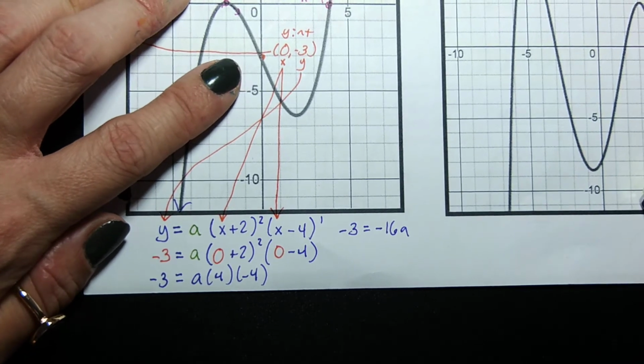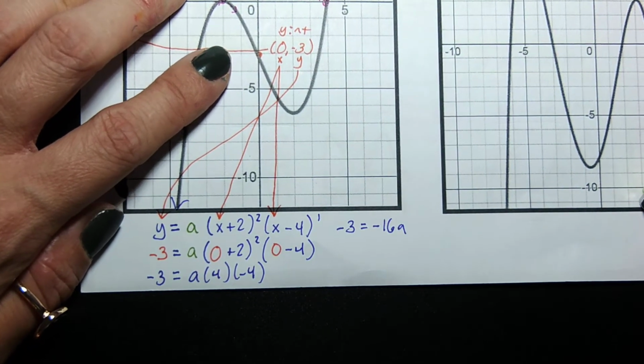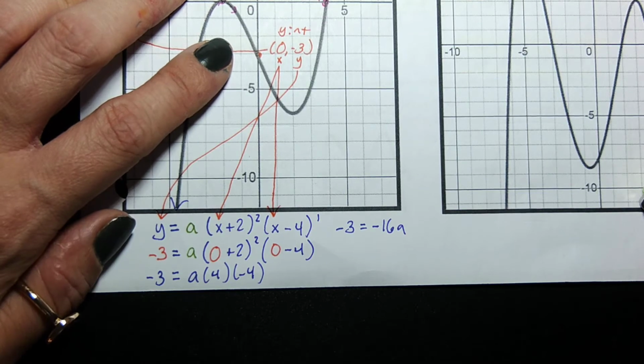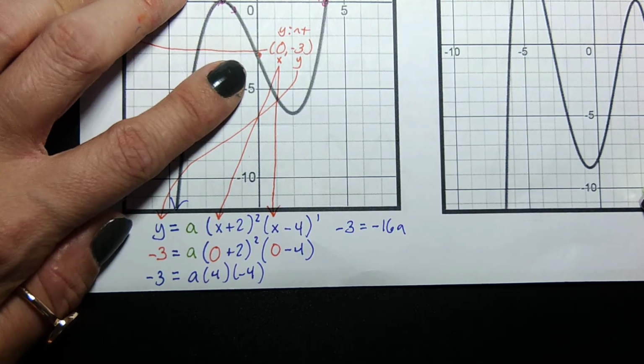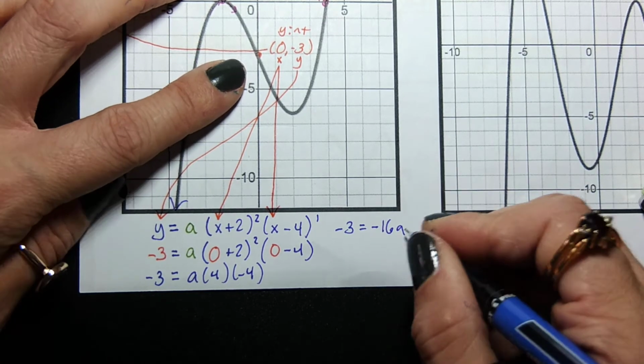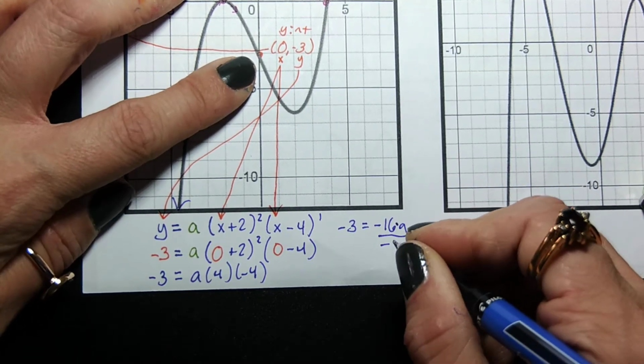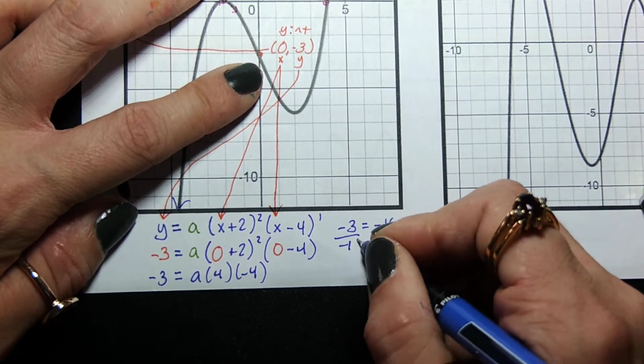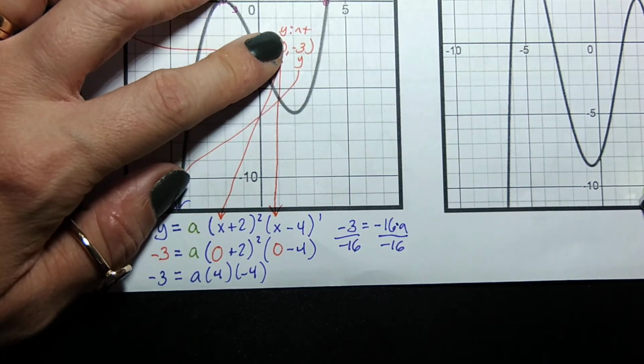Folks, how are we going to separate that -16 from that a? This says -16 times a, so we're going to divide by -16 to solve for it.